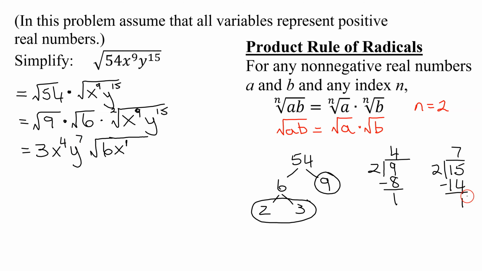The 1 is the exponent on the y inside. So I'm going to have y to the first power inside the radical. Well, we never write x to the first, y to the first. So my answer is going to be 3x to the 4th, y to the 7th times the square root of 6xy.